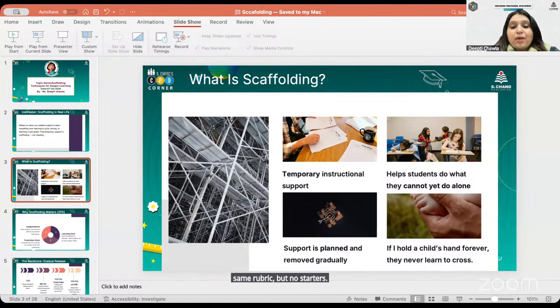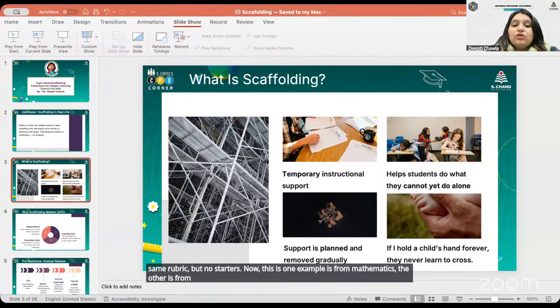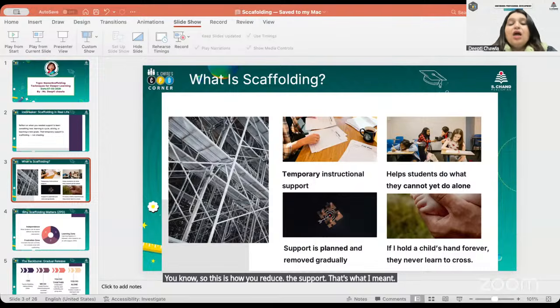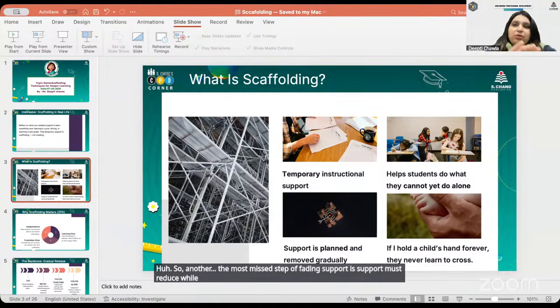Now this is one example from mathematics, the other is from languages, so this is how you reduce the support. That's what I meant. So the most missed step of fading support is that support must reduce while independence increases. It cannot be either or.